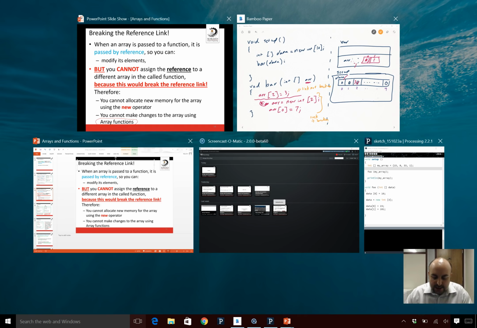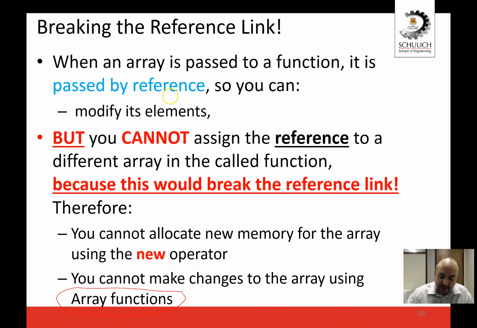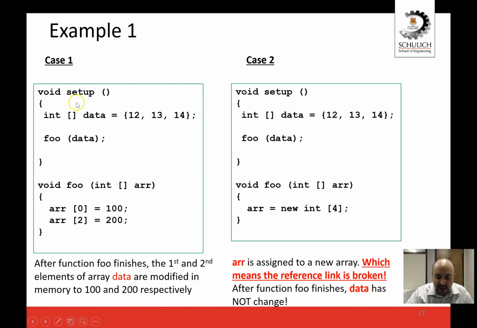So I have a couple more examples for you in this slide, so please make sure to go through the slides. I have an example where the pass by reference is working in case 1. In case 2, of course, it's not because I'm reassigning the reference.